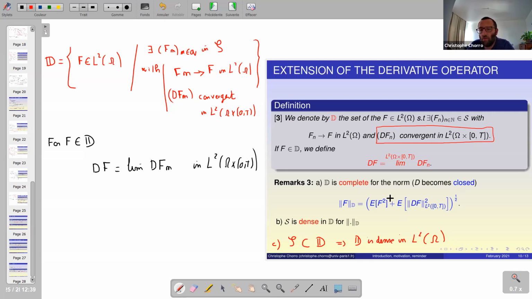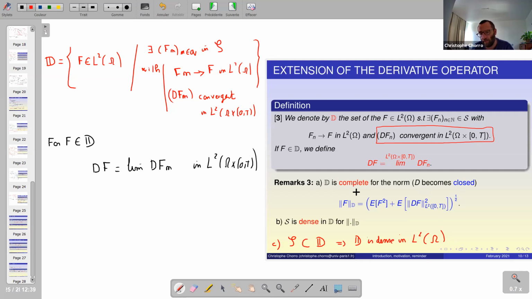One way to build R is to consider all the Cauchy sequences of rational numbers. The Cauchy sequences of rational numbers may have limits that are not in the set of rational numbers, but if I add to this set the limits of all the Cauchy sequences, I obtain the whole of R, which is a complete space. It's exactly what I do here for this norm.